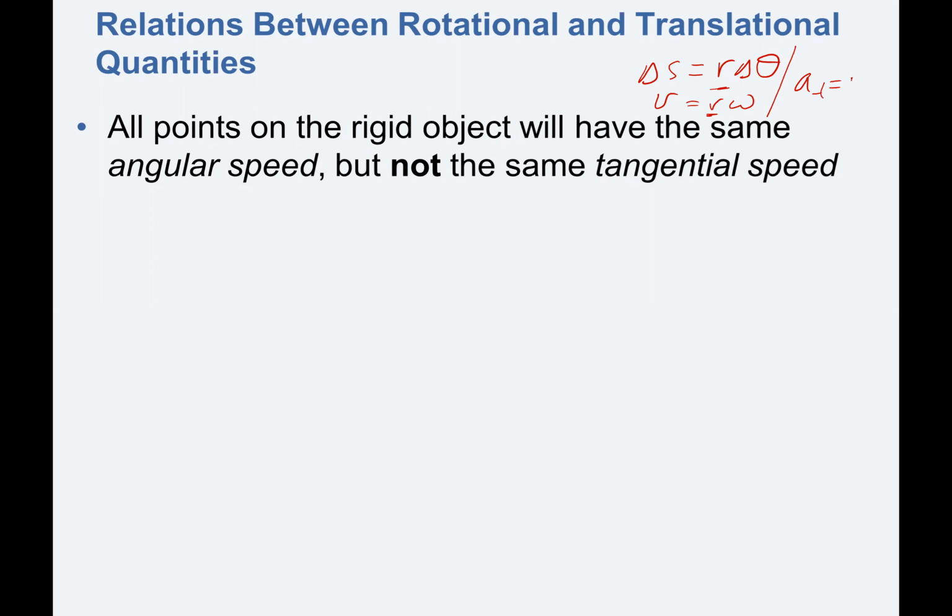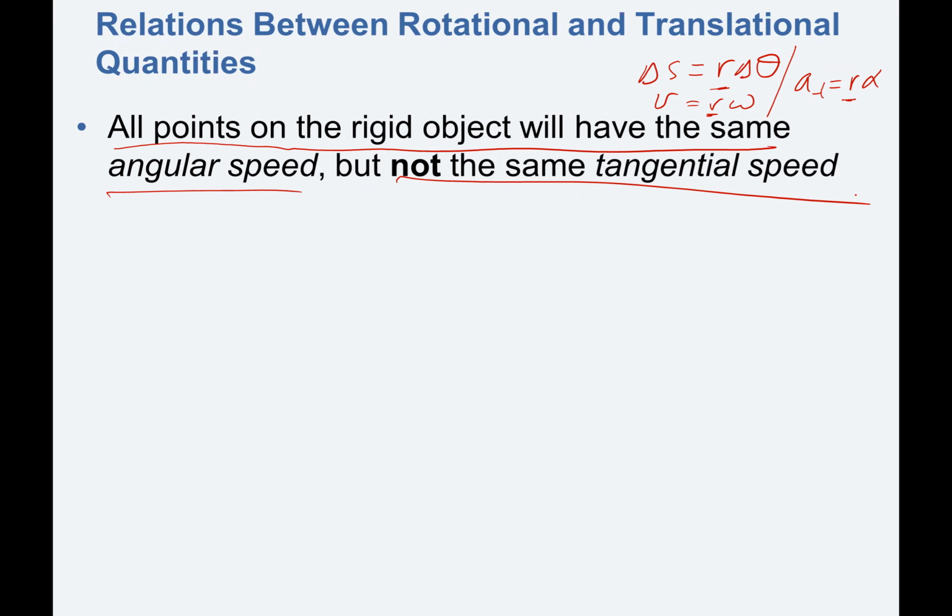Let's say a_T equals R times alpha, it depends on position. That means if you're considering a rigid object, then every particle in that rigid object is going to have different linear variables. But that is not the case if you're considering angular variables. So all points on the rigid object will have the same angular speed, but not the same tangential speed.